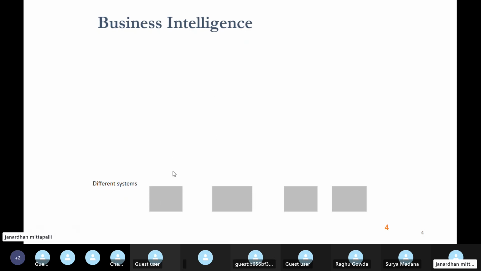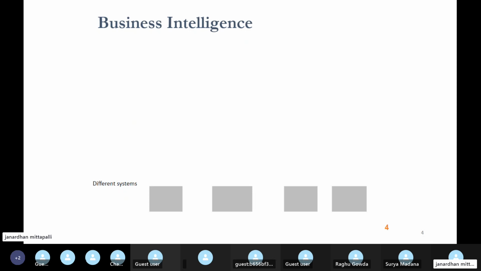At first, we have different systems like this where we can get data. Maybe you will get data from flat files. Flat file means text files, we can say Notepad, or you'll get data from Excel, or even from direct databases like SQL Server, Oracle, Teradata, DB2.